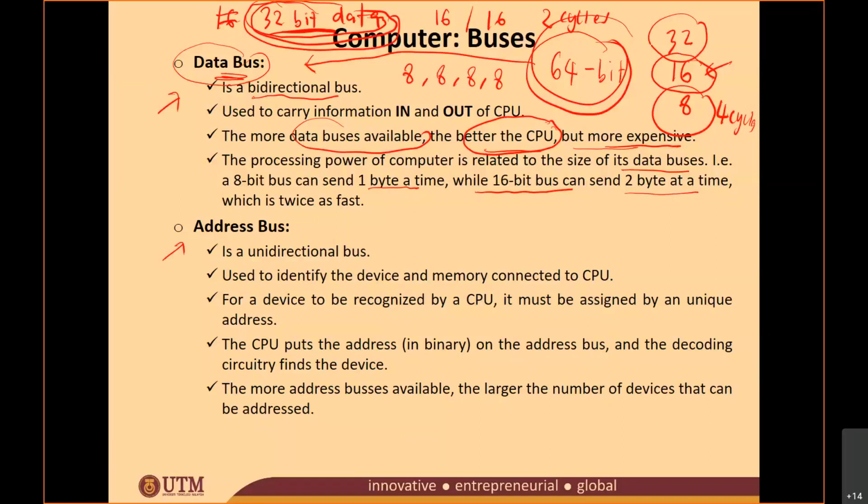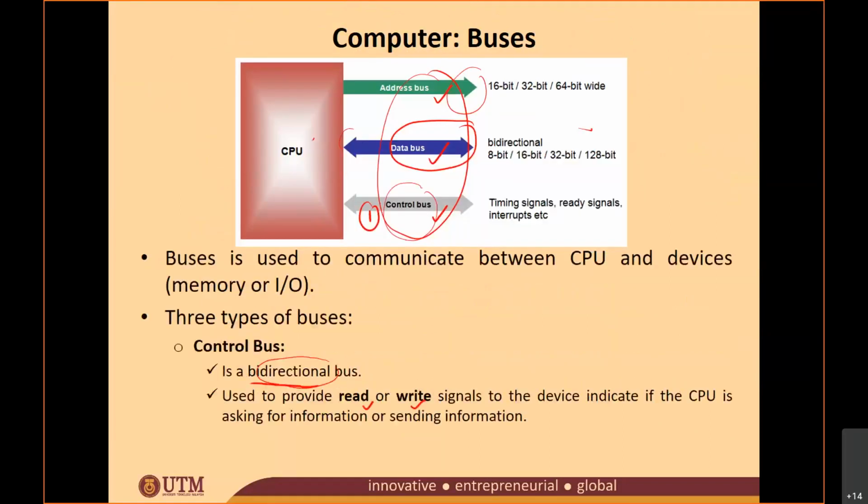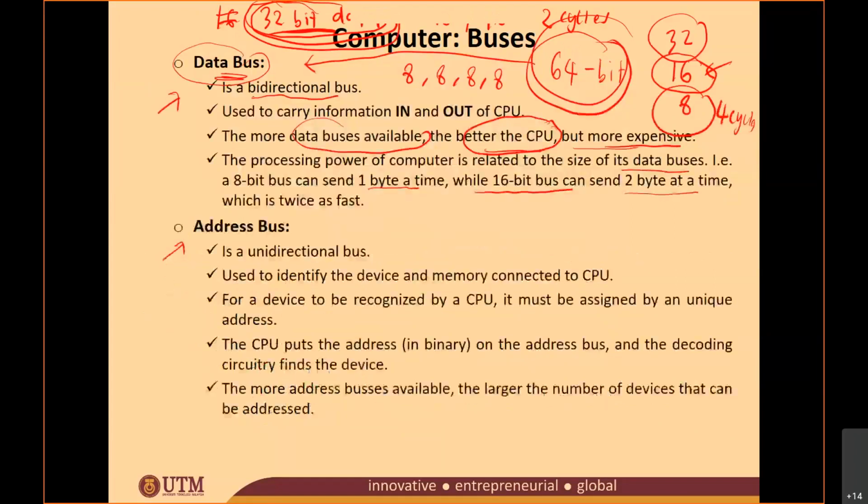For the address bus, as we can see here, this is only a unidirectional bus. You can see here the arrow is only coming out from the CPU, so that's why we call it a unidirectional bus.